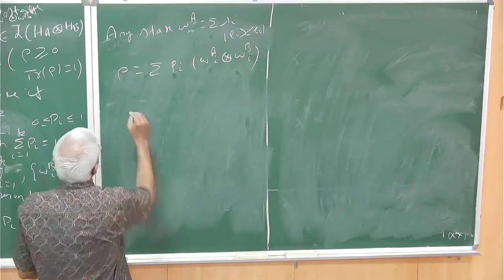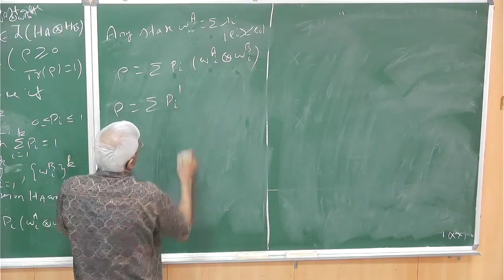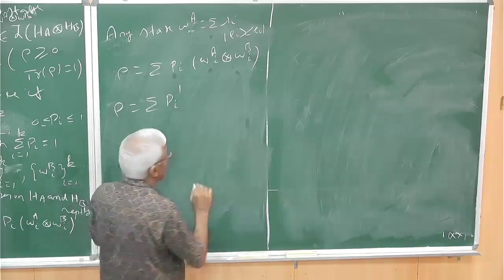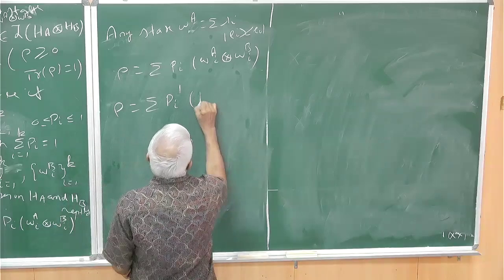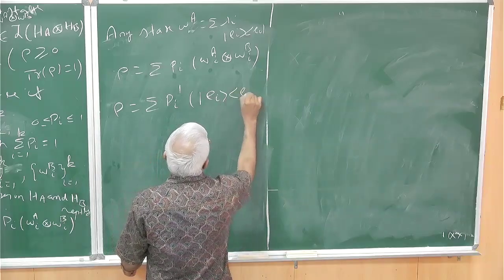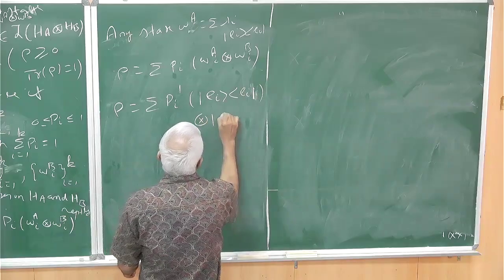Finally, what will happen is rho will look like some nu_i prime, where i ranges from something to something, such that this will look like e_i tensor f_i.